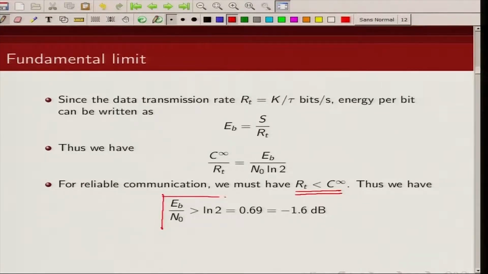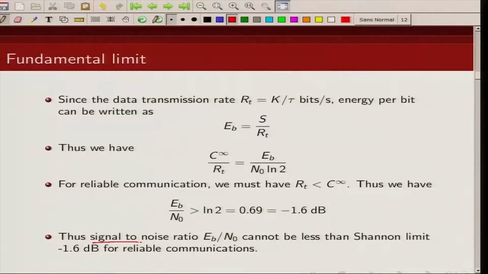We get this following condition on energy per bit: SNR per information bit should be greater than minus 1.6 dB. This is for the case when we have infinite bandwidth and our code rate can actually go to 0. So, signal to noise ratio cannot be less than this limit, which is minus 1.6 dB.